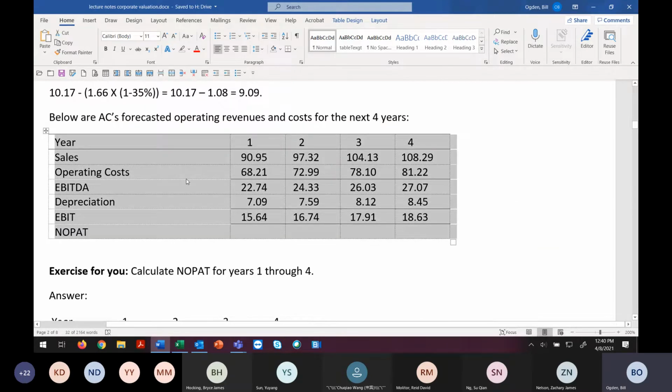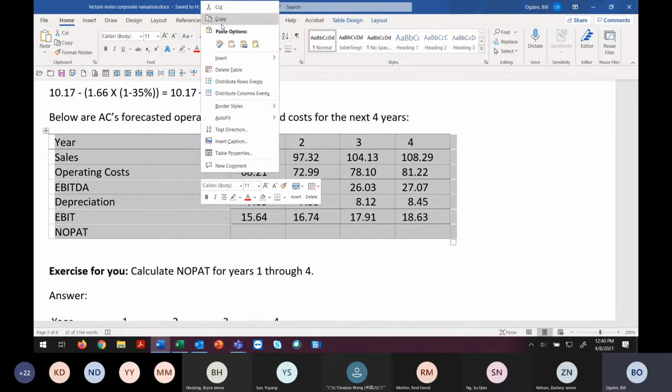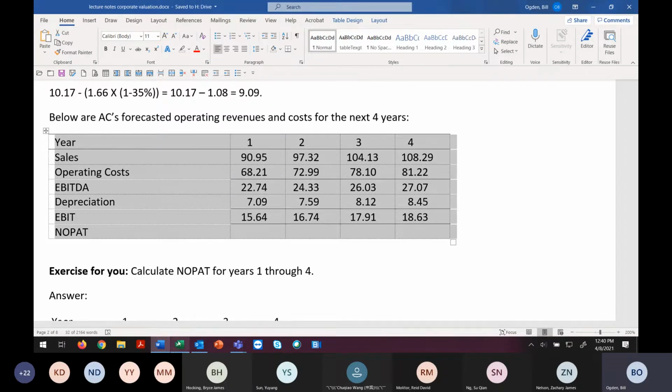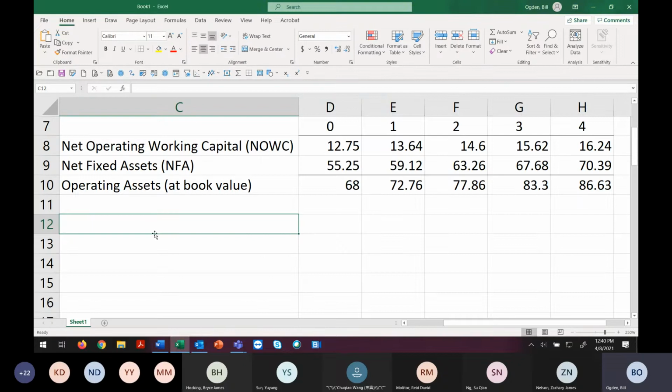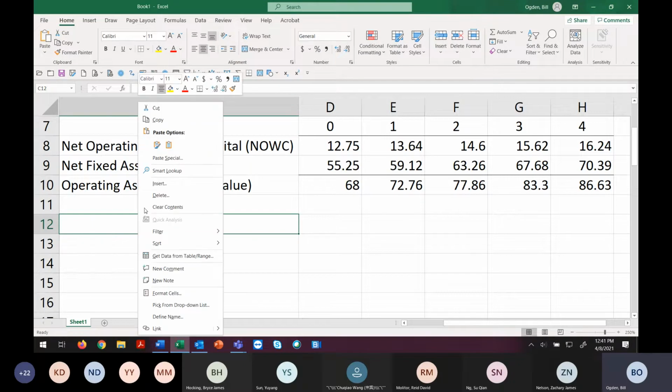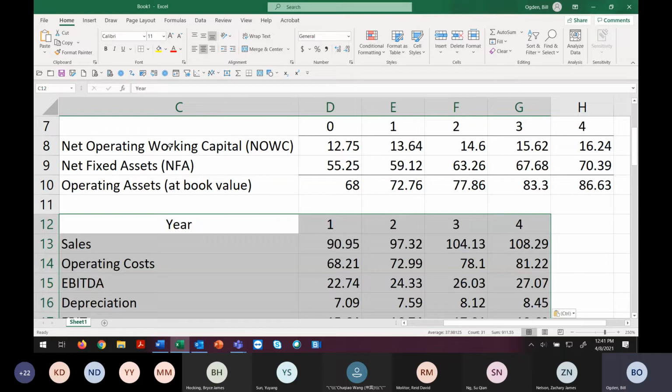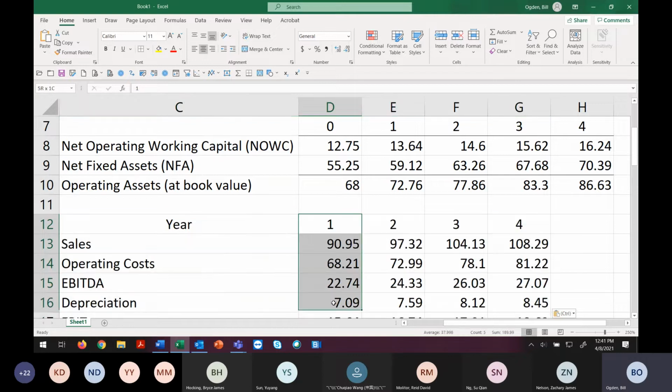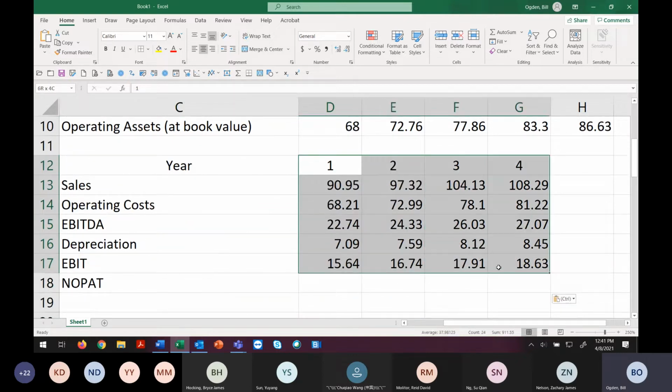Well, partial income statements, they're not complete, obviously. Let's copy this and drop it into Excel. All right, and then let's move these over so they line up with year 1 for our assets.